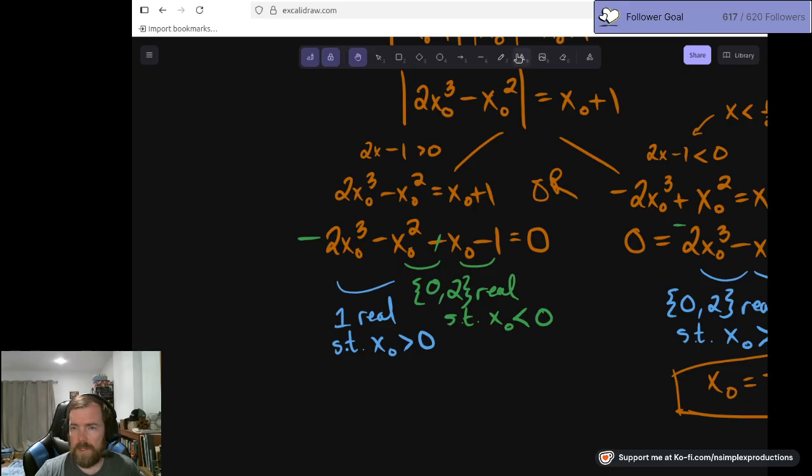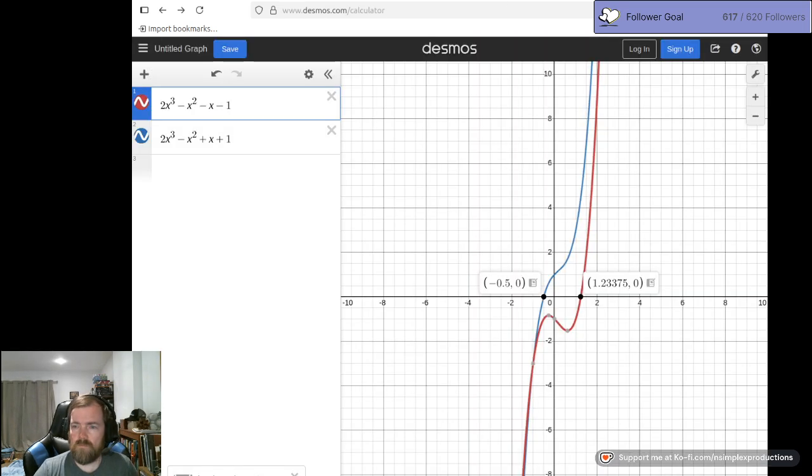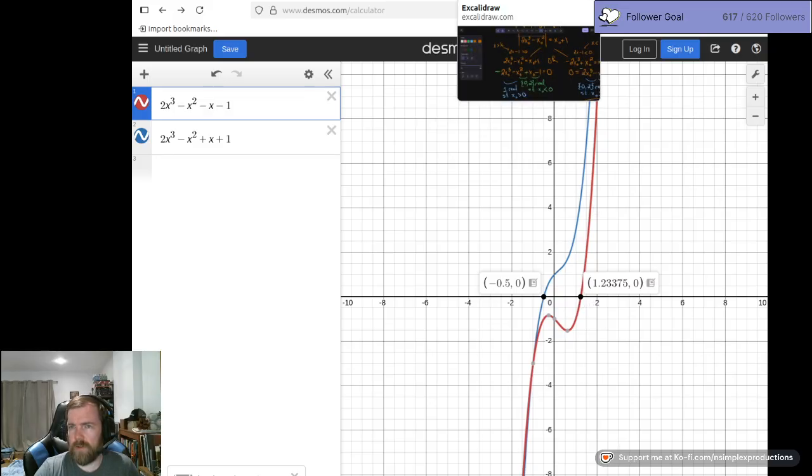This one is going to say that x needs to be greater than 1/2. And we ended up with a 1.23375.